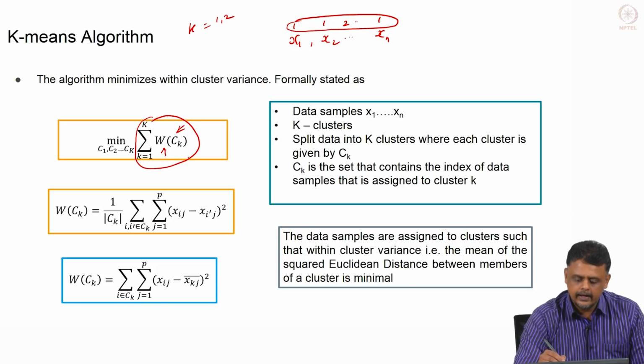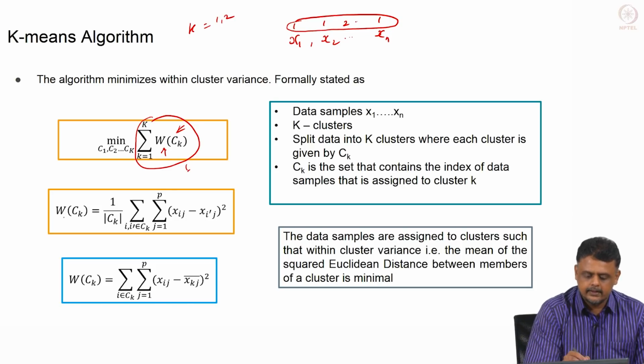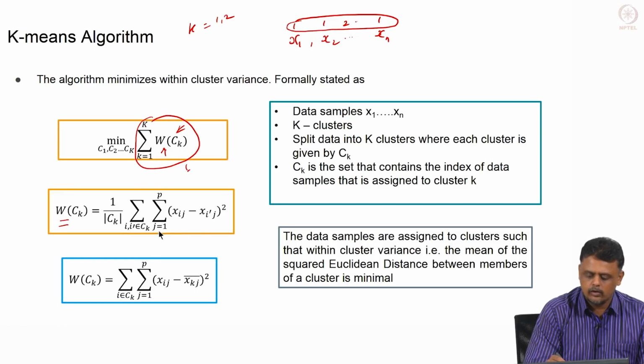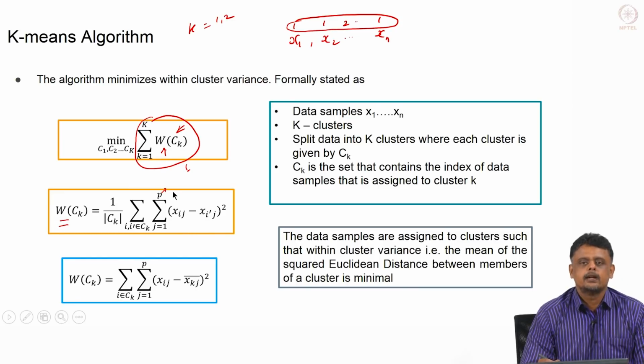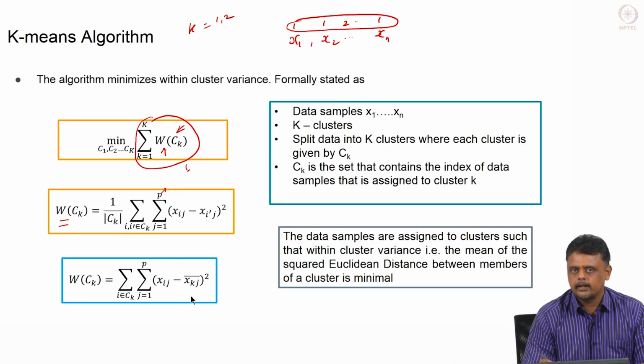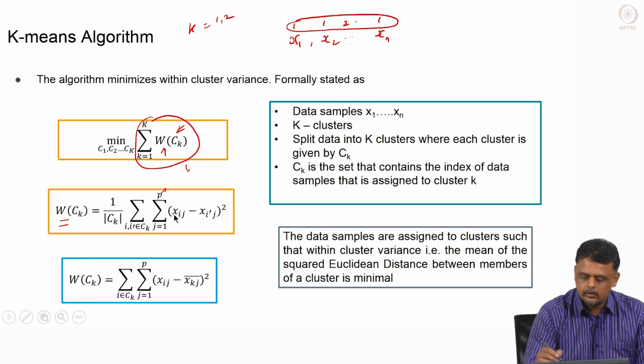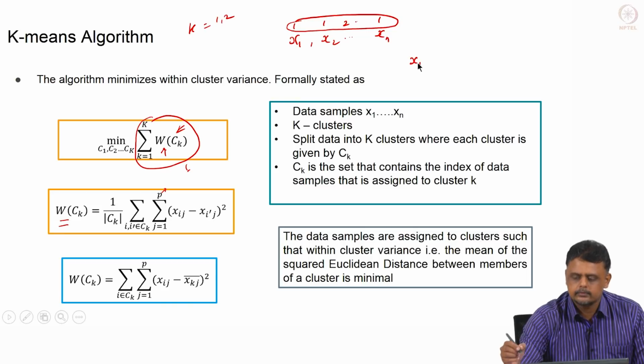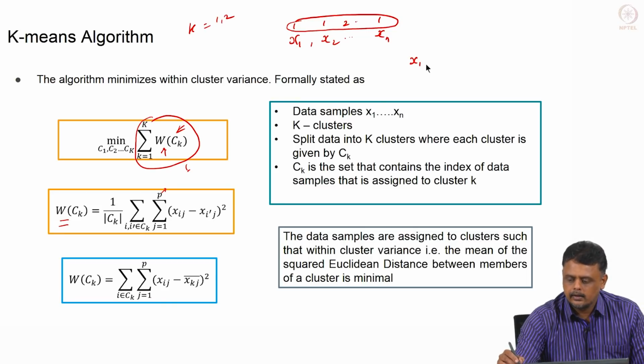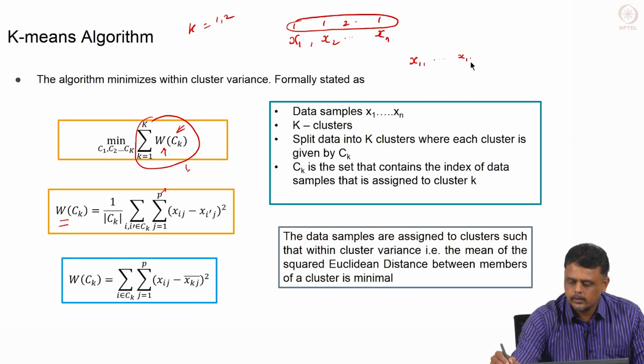We will write this out in a little more detail. We see that the intra-class variance is defined by this formula. Here p in this summation is the number of features in your input data. So, if you have a data point x1 and there are p features, then each data point has features x11, x12, up to x1p.